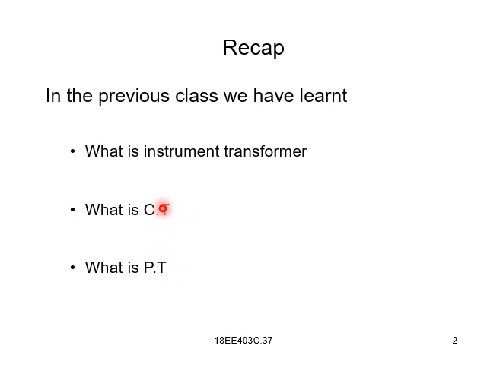A CT can measure only the value of current by itself, and the PT can measure only the value of voltage by itself. But we know the power is a combination of voltage and current, so these both together can measure the value of power.